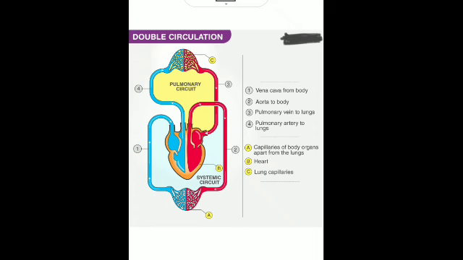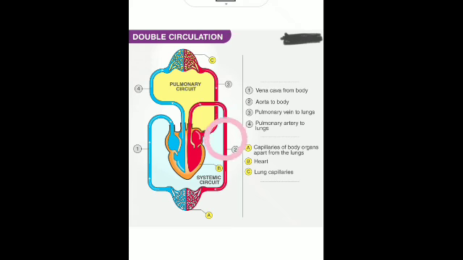Blood flows from the left ventricle to the different parts of the body and returns in the deoxygenated form to the heart via the vena cava. Here you can see this. First you can see from the right ventricle into the lungs, and from the lungs into the pulmonary vein, and from the pulmonary vein into the left auricle, and from the left auricle into the left ventricle, and from the left ventricle into the what?